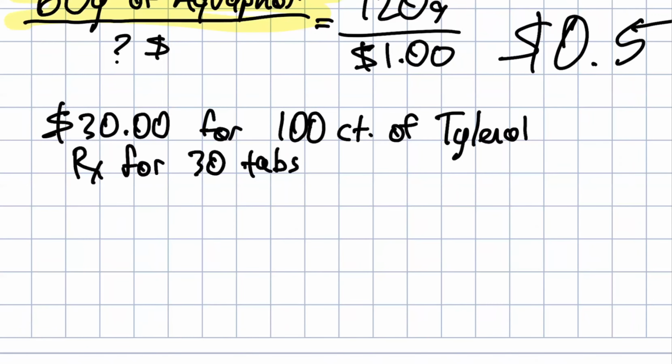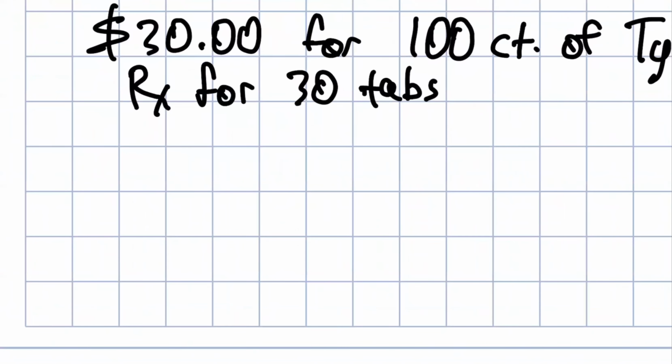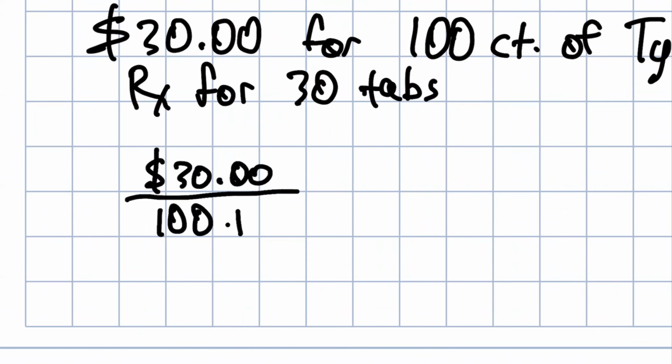How would you calculate how much your cost for the 30 tablets is? You would just set it up in another proportion. You paid $30 for 100 of them. How much are you going to pay for 30? $30 times 30 divided by 100. It's going to cost you $9.